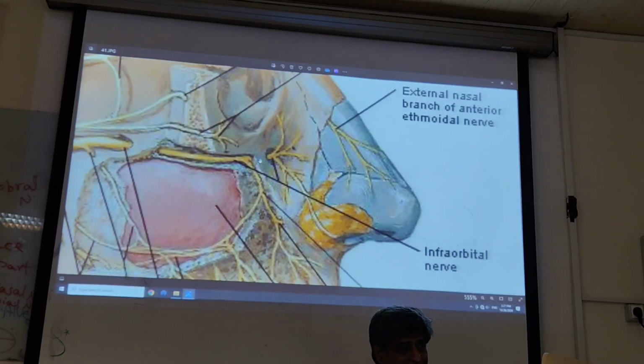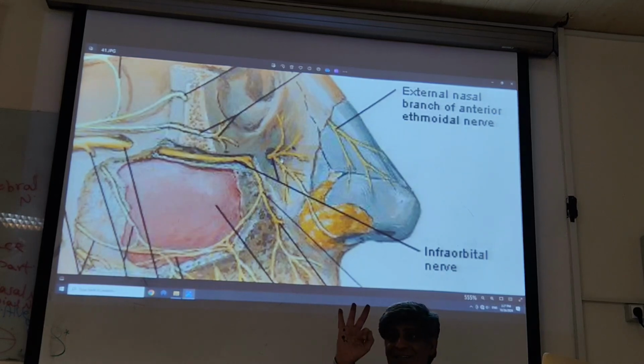Okay, and this is a foramen, the infraorbital foramen. This nerve exits to the infraorbital foramen. This part, facial part.